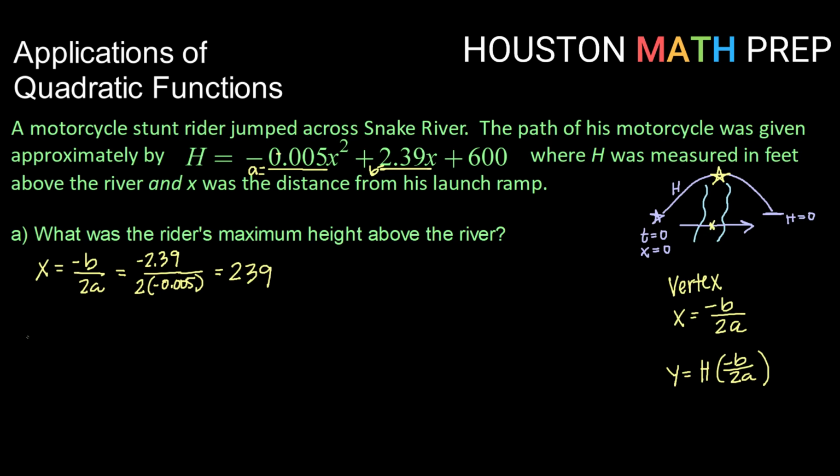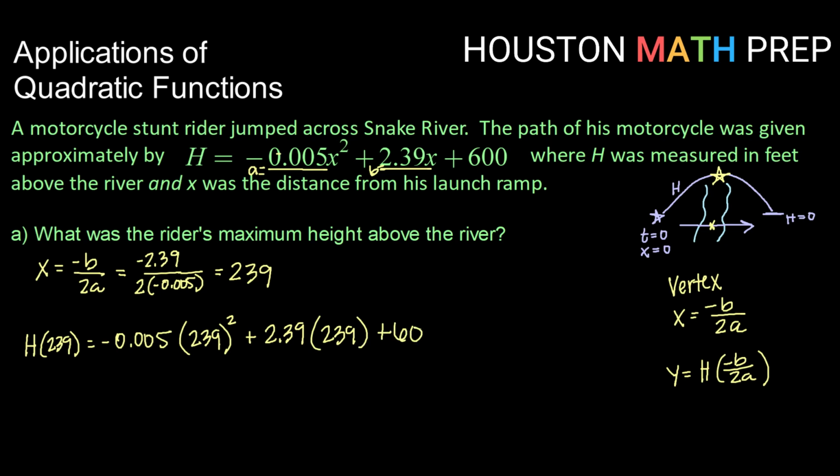So now we want to find out what is his maximum height, or what is his height at 239 feet across from his ramp. Plugging that in, that will be negative 0.005 times 239 squared plus 2.39 times 239 plus 600.